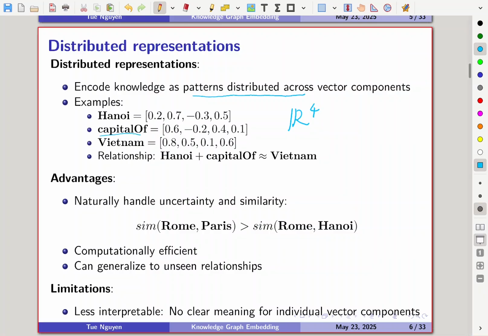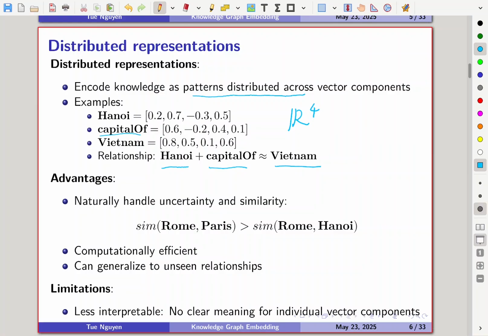Similarly, we can represent capital of as another vector in R^4, and Vietnam the same. Now we expect our model can learn the embedding such that Hanoi plus capital of will approximately equal Vietnam.